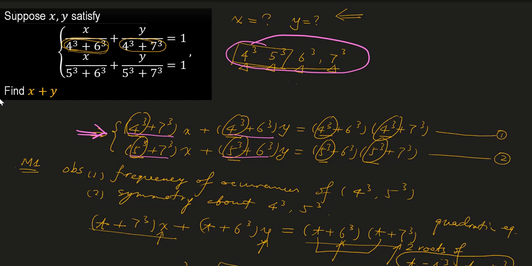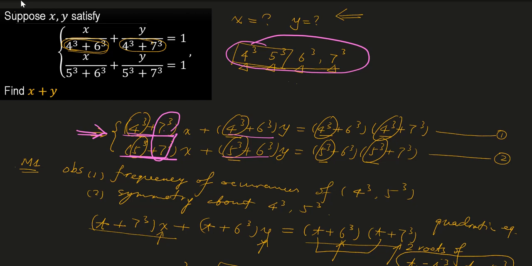And let's look at these coefficients one by one. So for this coefficient of x, we have this 4 cubed and 7 cubed. And for this coefficient of x, we have 5 cubed and 7 cubed as well. Therefore, if we take a difference between these two equations, we can eliminate this component, 7 cubed.